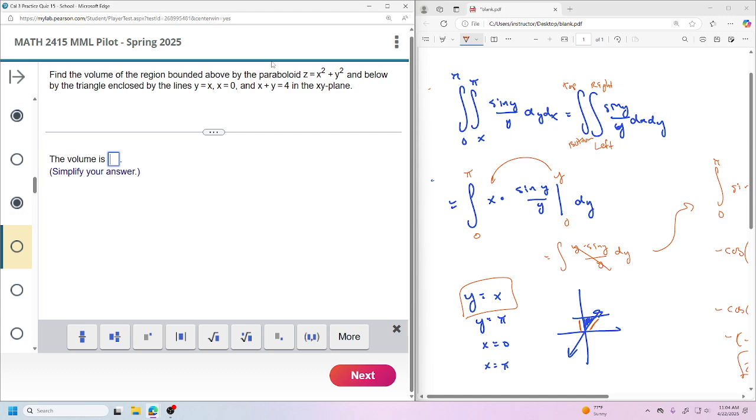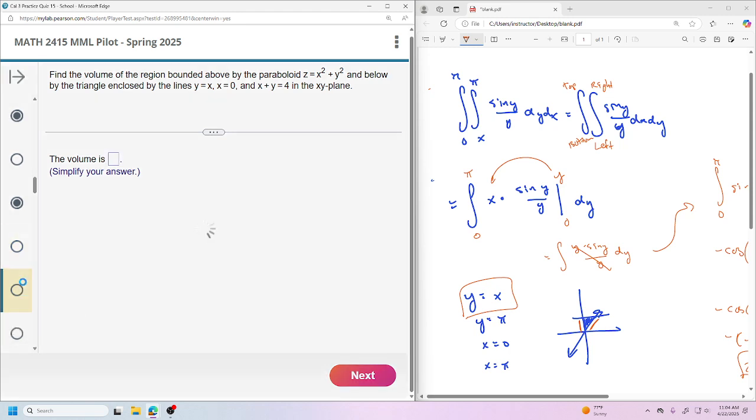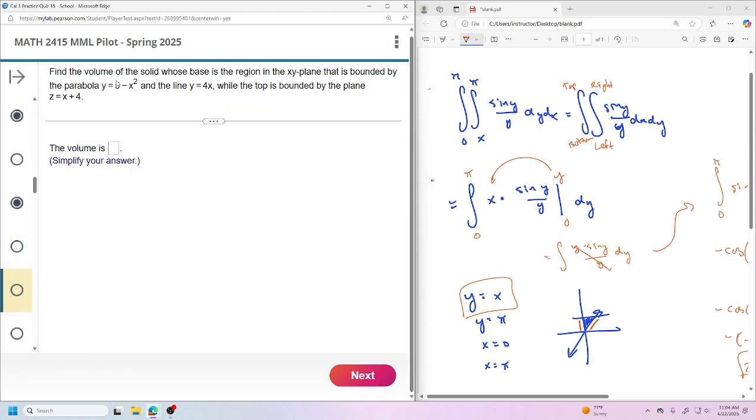Anyways, find the volume by this and that. I mean, I can do it if you like, or I can keep going. It's just a double integral yet again. Exactly. Yep, just double integral stuff again. Same thing here. There's your z on the top, bounded by that.